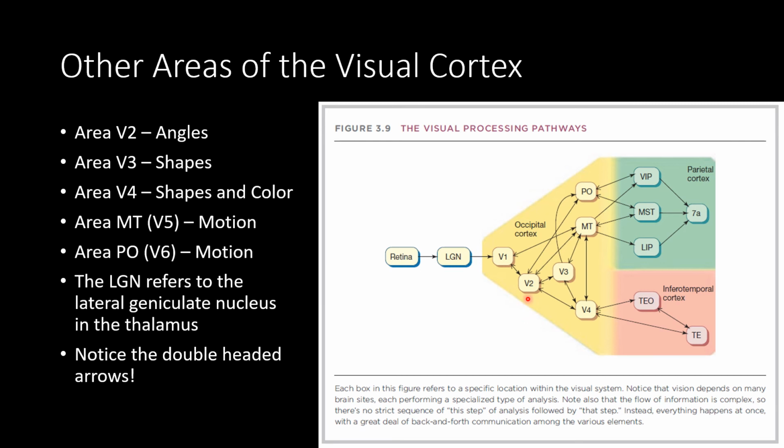This is to illustrate that ultimately the neurons that are receptive to angles are influencing the neurons that are receptive to lines, just as the neurons that are receptive to lines are influencing neurons that are receptive to angles, which are also in turn influencing, say, neurons that are receptive to motion, which are in turn again influencing neurons that are receptive to angles. This interconnectivity is a hallmark of how the brain is organized.